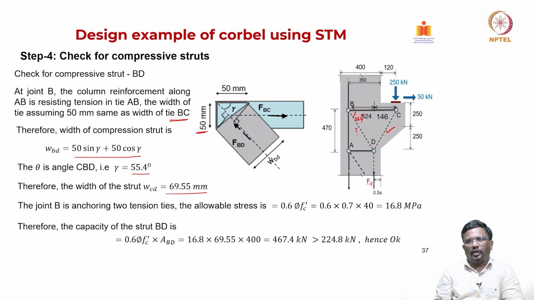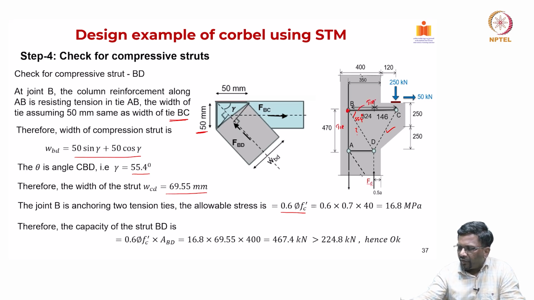Now, you see here in this joint, the allowable stress I am taking as 0.6 times strength reduction factor multiplied by F'c, right. Now, why do I take 0.6? You see here in joint B, I have a tie here and a tie here.